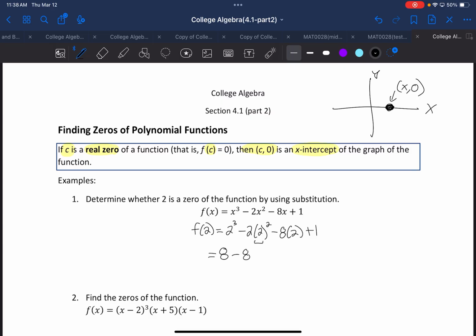Negative 8 times 2 is negative 16. Bring down my plus 1. 8 minus 8 is 0, so that cancels, but it leaves me with negative 16 plus 1, which is negative 15. So this is not equal to 0, so therefore 2 is not a 0 of the function.